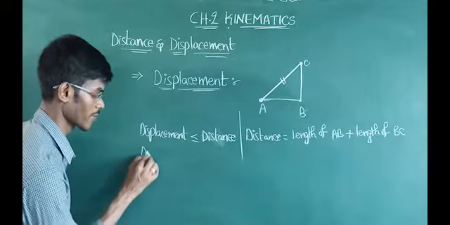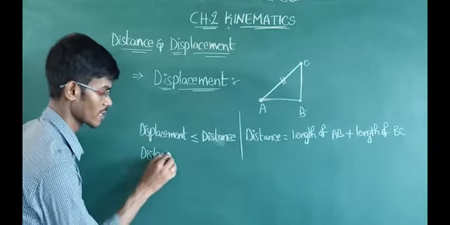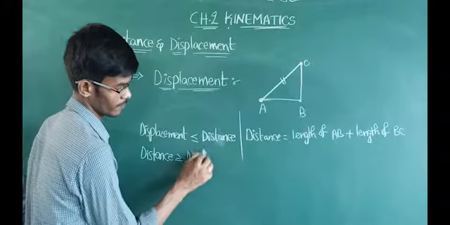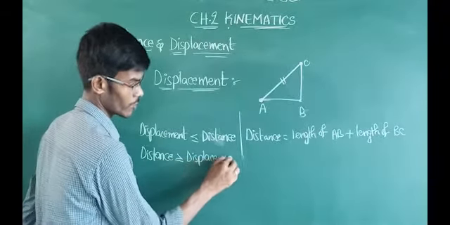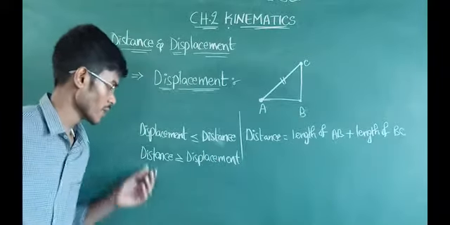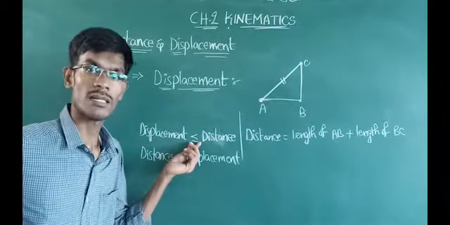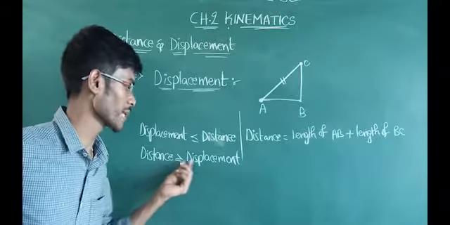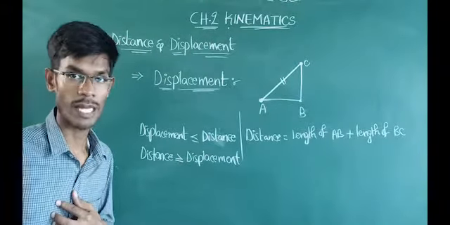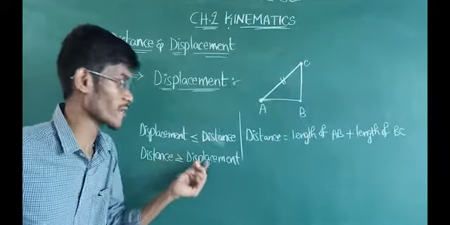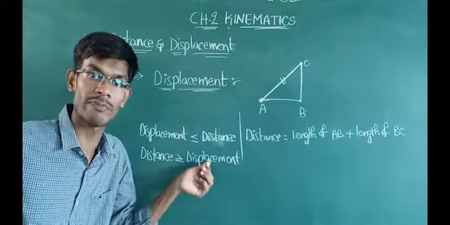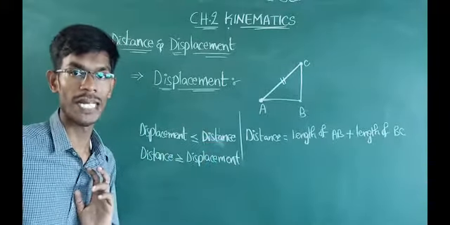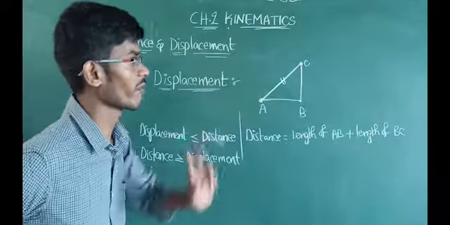This relation can be represented as distance is greater than or equal to displacement. What is it representing? Sometimes displacement is equal to the distance, and sometimes distance is greater than displacement. Distance is greater than displacement means sometimes the distance may be greater than the displacement, and here we are considering irrespective of direction.